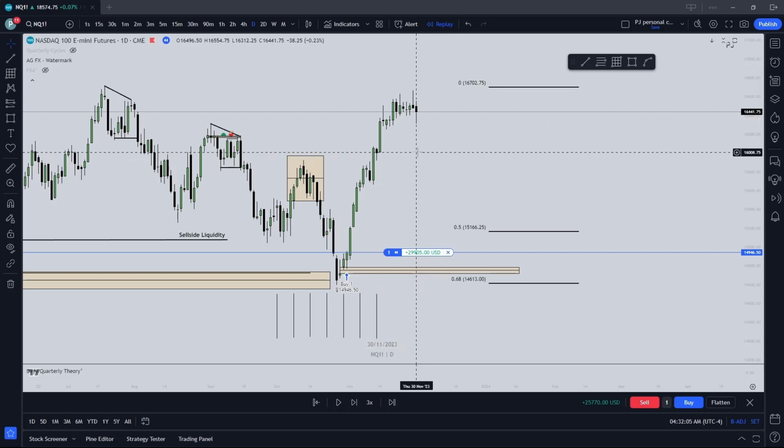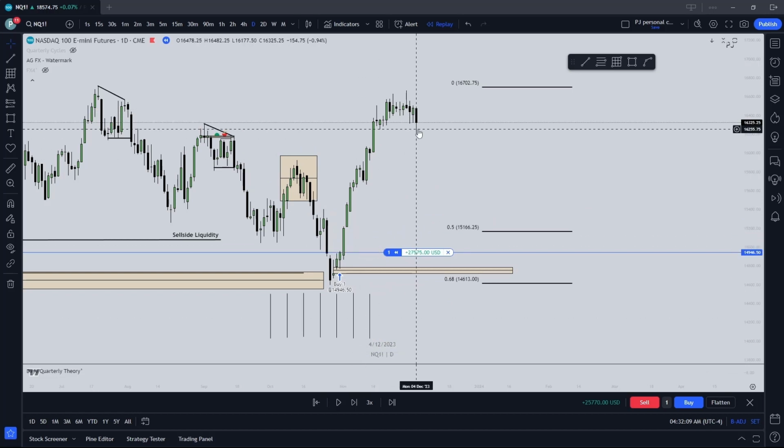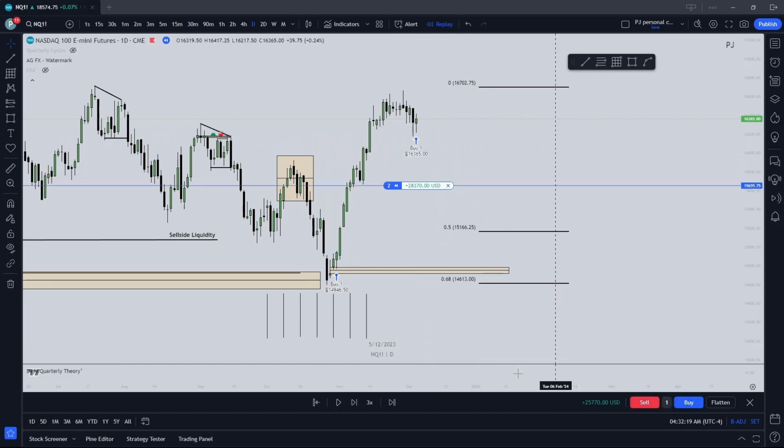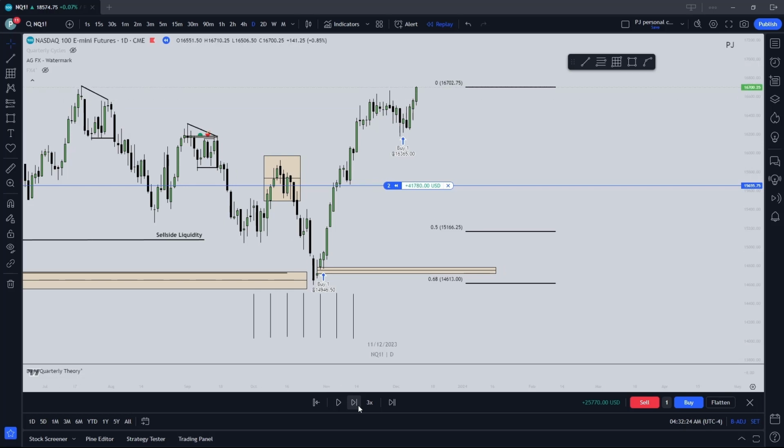Coming into a Thursday. Monday, not liking it. Tuesday, close within the daily rejection block. Should finish off our market maker buy model. You could hold some for more.